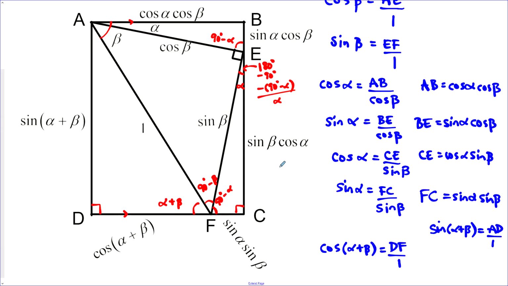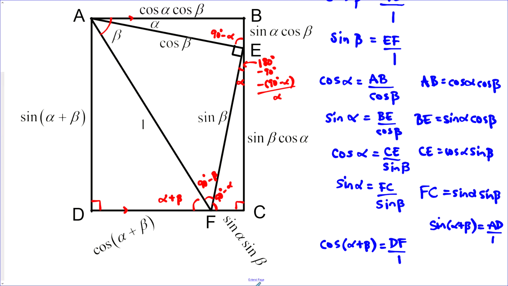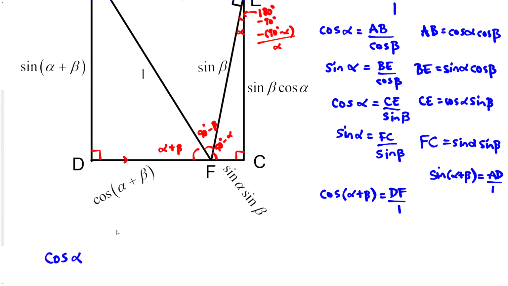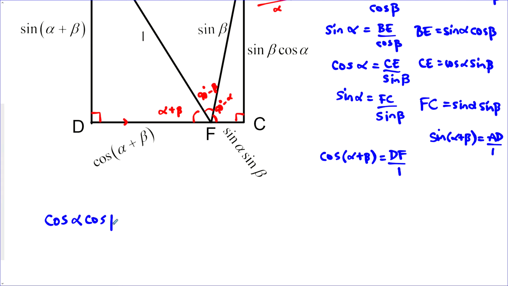And we can actually make an equation with this. So we could say the top is cos alpha cos beta, and that equals these two pieces, cos of alpha plus beta and sine alpha times sine beta.